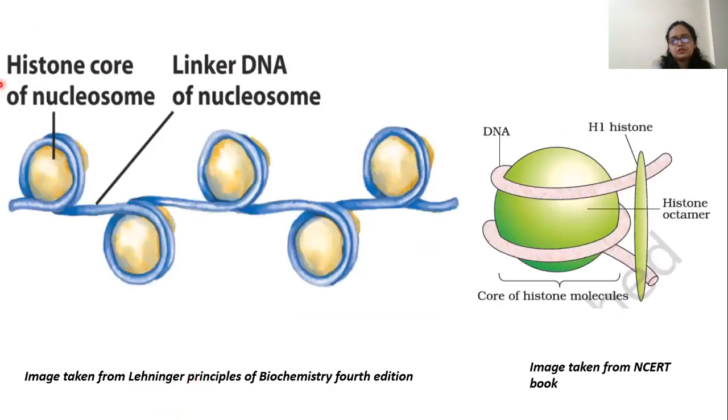Now in this structure, you can see these yellow colored beads. These are nucleosomes, and the blue rope-like structure which is wrapped around the nucleosome or bead is DNA, negatively charged DNA. The wrapped portion of the negatively charged DNA is around 146 base pairs, while the total DNA, including the linking region, is around 200 base pairs.